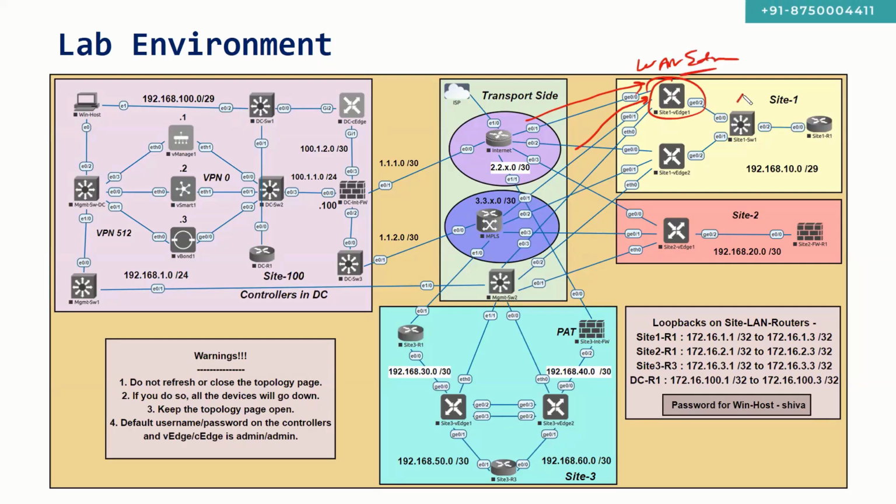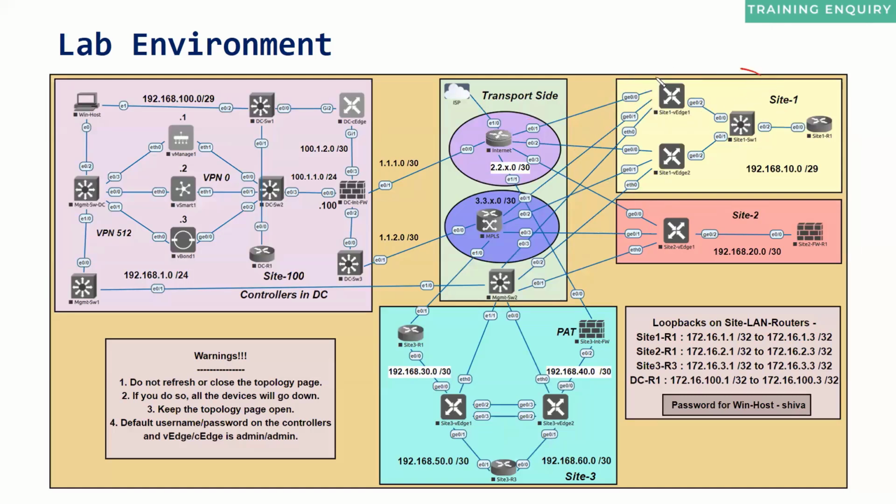Maybe you have some other layer 3 devices or maybe routers behind the WAN edge routers at LAN side. That is okay, right? You may have that, but you would have only a couple of WAN edge routers, or maybe just one. Like if you look at site 2, we have got just one WAN edge router.